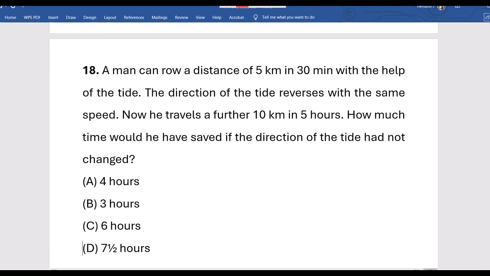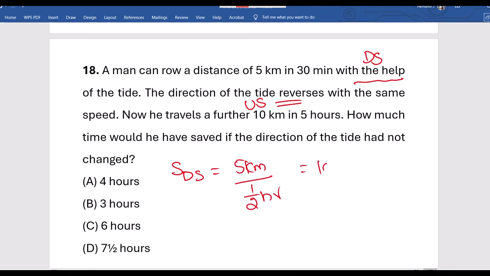Opposite direction with the same speed means you see, both man speed is same, but you are traveling opposite to the water flow. This is actually like downstream. Reverse means this is like upstream. See, downstream 5 kilometers in 30 minutes, half an hour, means it is 10 kilometer per hour. Upstream 10 kilometers in 5 hours means 2 kilometer per hour.